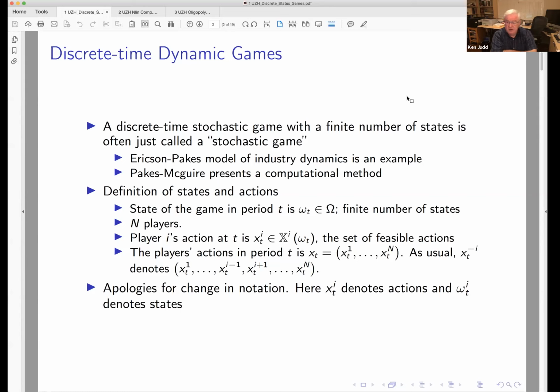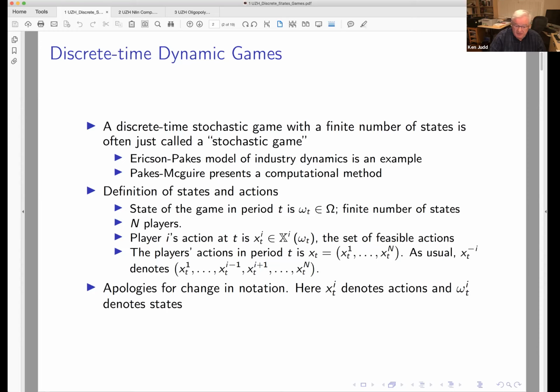And so that's what I'm going to describe today, as well as then the continuous time discrete state version of this. Now, this is at first going to look a lot like discrete state dynamic programming. And that's because it is a lot like discrete state dynamic programming.